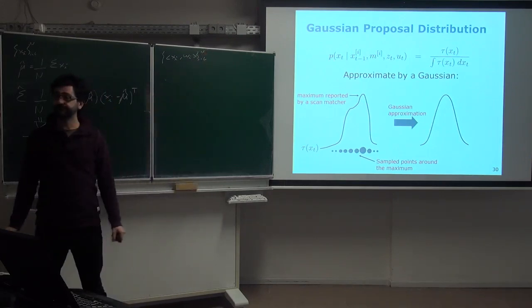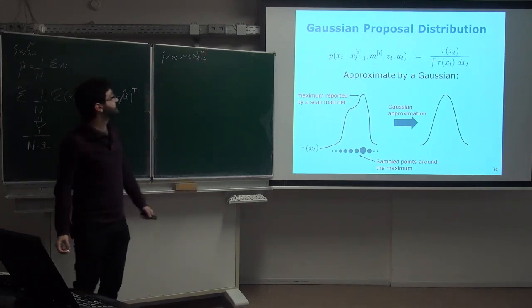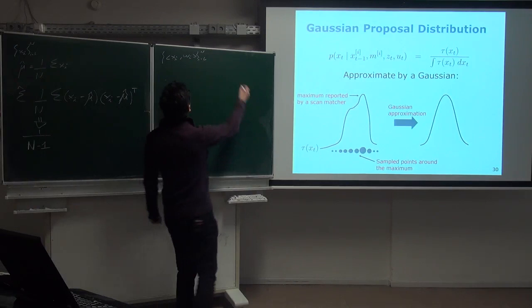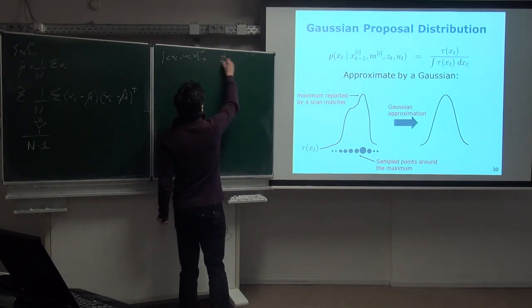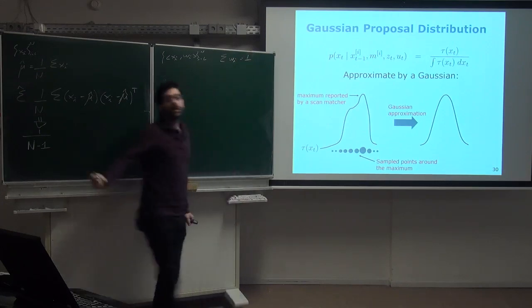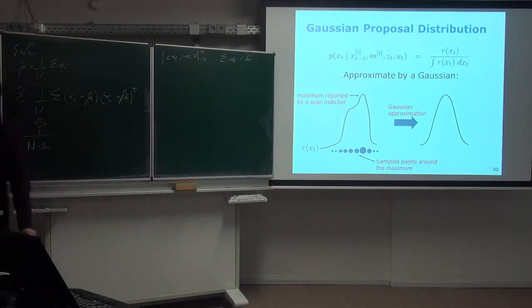Now, how can we go from here to there? Let's imagine for now that the sum of all the weights is equal to 1 for simplicity. Do you know how we go from this description to there?